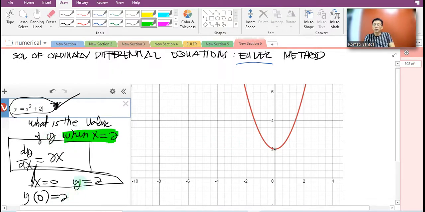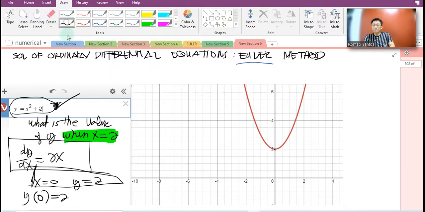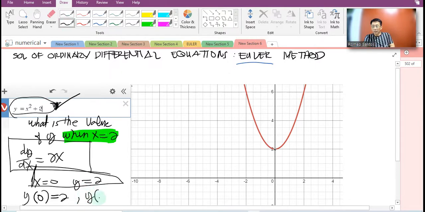So, yung pinapahanap sa atin, kumbaga dito, x is 2, what is the value of y? So, ito yung ibang form. Ito naman yung isang y, what is y when x equals to 2? So, ibig sabihin niyan, of course, we know that sa dito, 6 na yan yung value, 6 ba yan? Parang 6. Now, ordinarily, yung solution natin ganito.